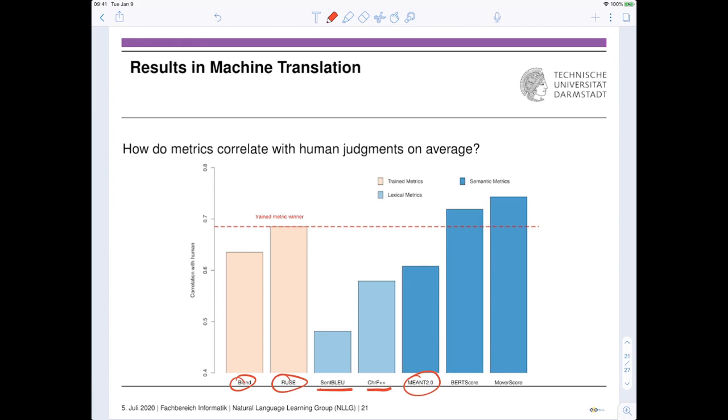And you can see that the recent semantic metrics like BERTScore and MoverScore, which are both coupled with BERT word embeddings, perform even much better than supervised metrics.